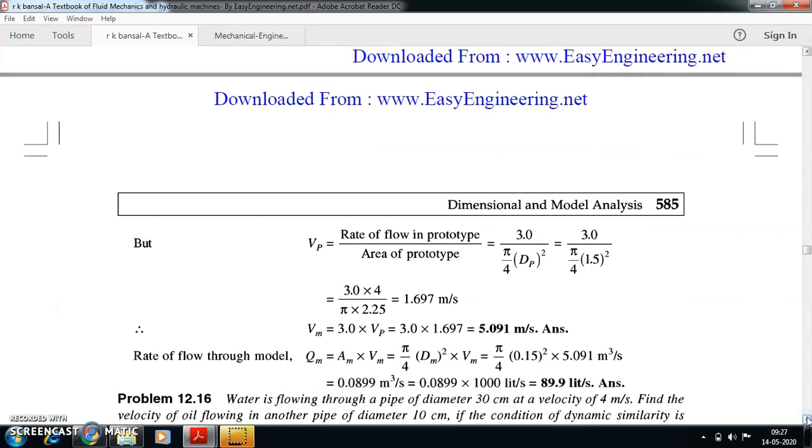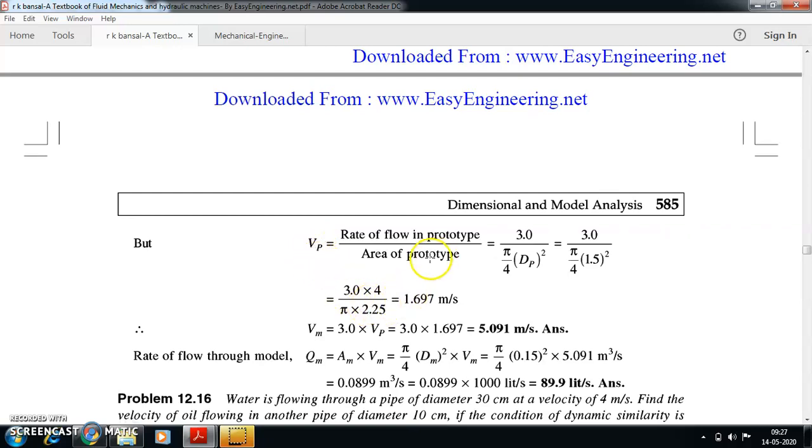If I want to find out the rate of flow of the prototype, the rate of flow of the prototype is 3 meter cube per second. That will be equal to V of P, velocity of the prototype, into area. Q is equal to A into V. Using that formula for the prototype, I can find the velocity of the flow in the prototype.